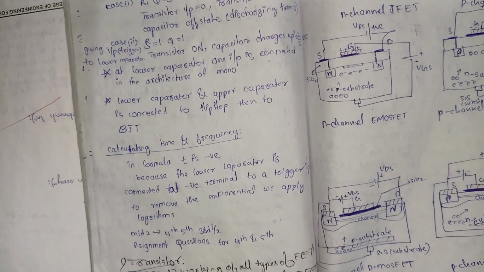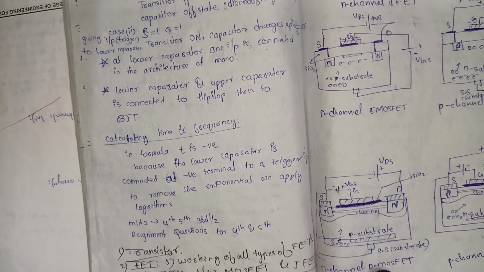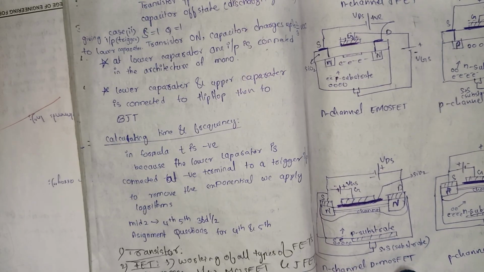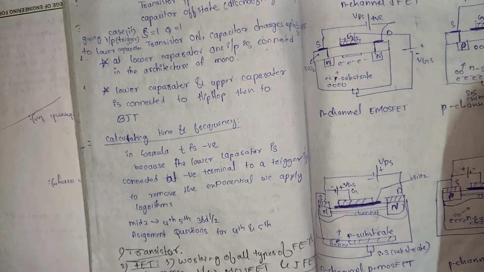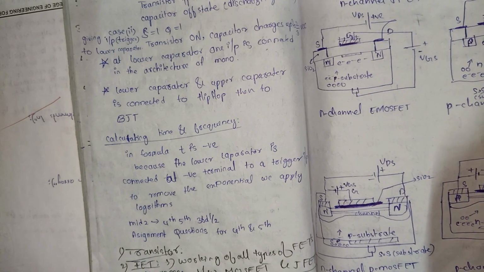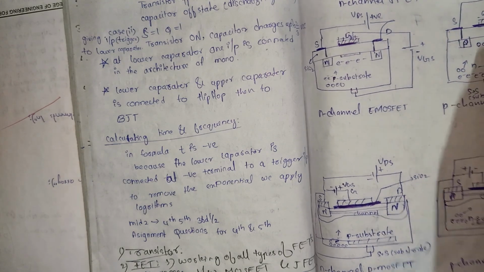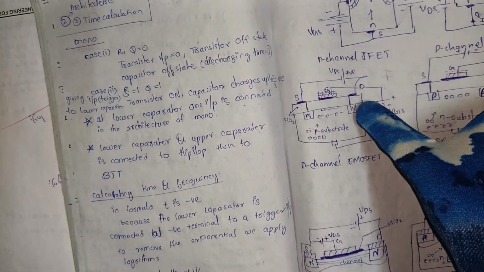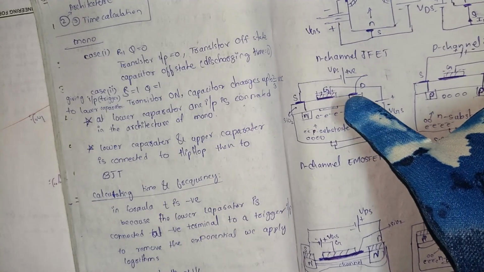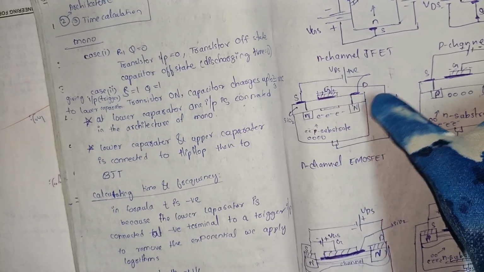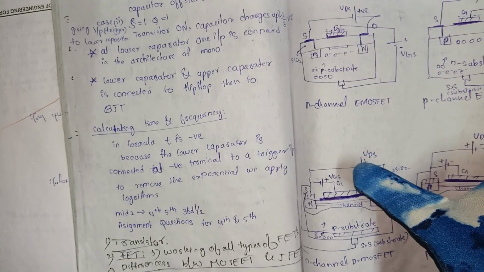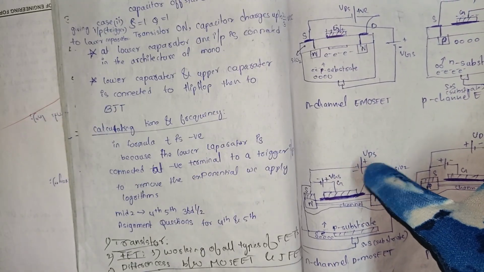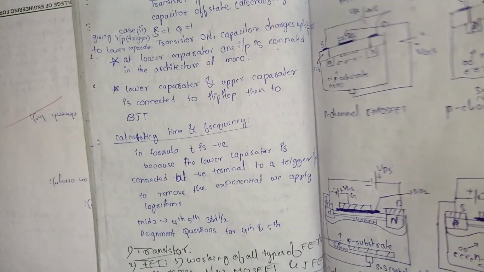In the D-MOSFET it is the same. Here we can't decrease the channel, we only create or increase the channel. Here we can increase or decrease the channel by applying various VGS voltages, meaning gate voltages.